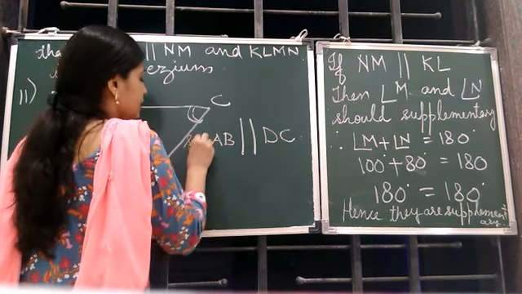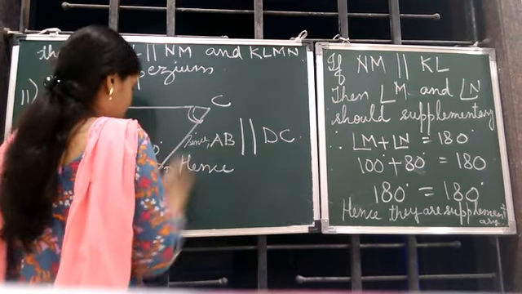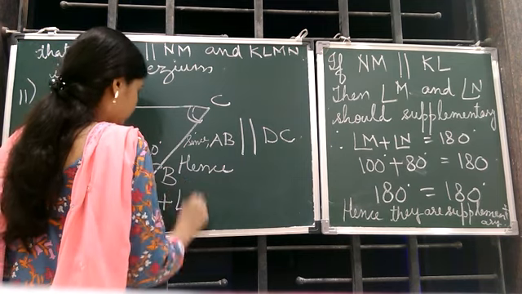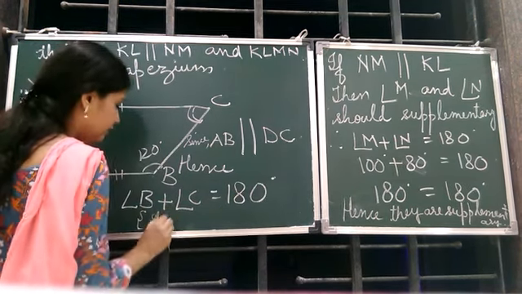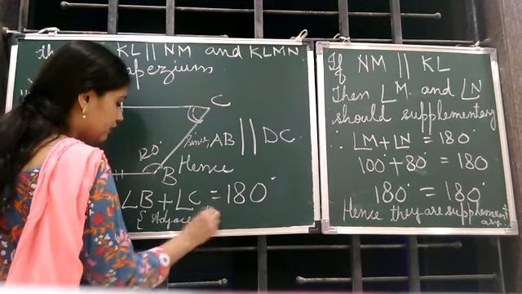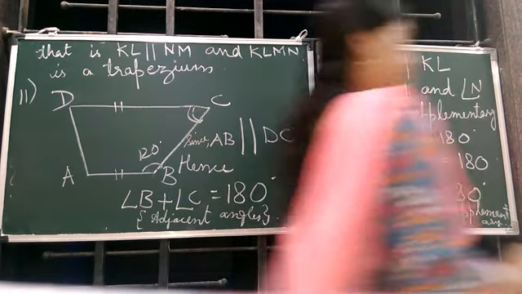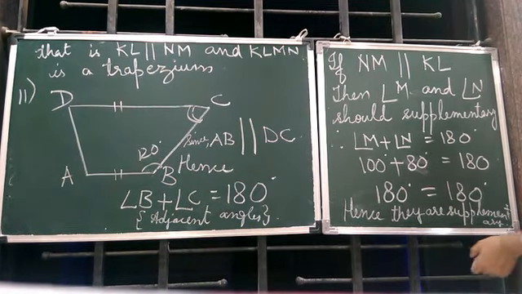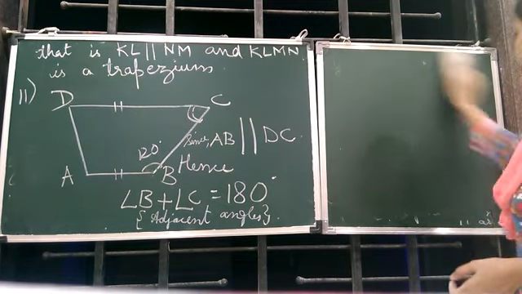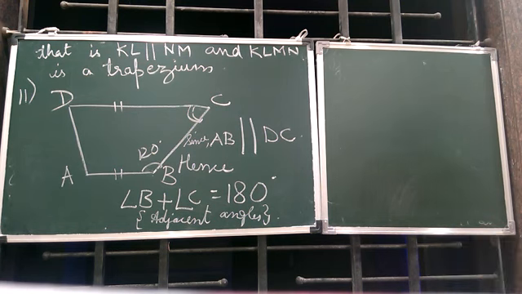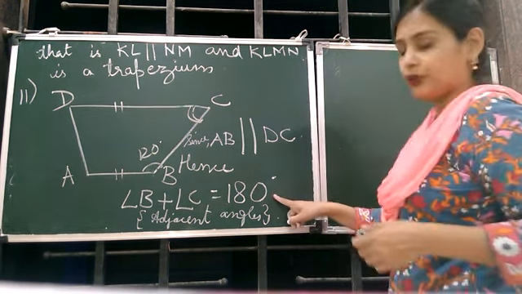So you can write, since AB is parallel to BC, hence 180 degree.